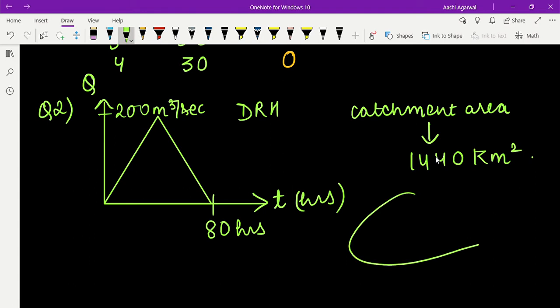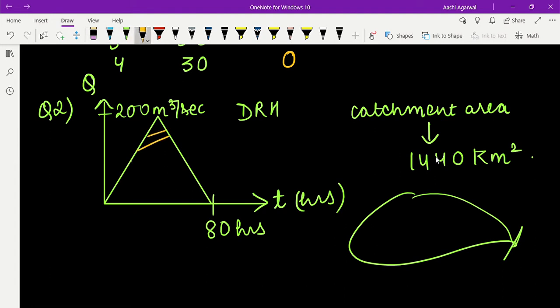So there is a catchment over which some rainfall has occurred. The area of the catchment is given to you. You have to find out what is the depth of runoff due to which this hydrograph has been generated. So again, you have to use the concept that this is a triangle.